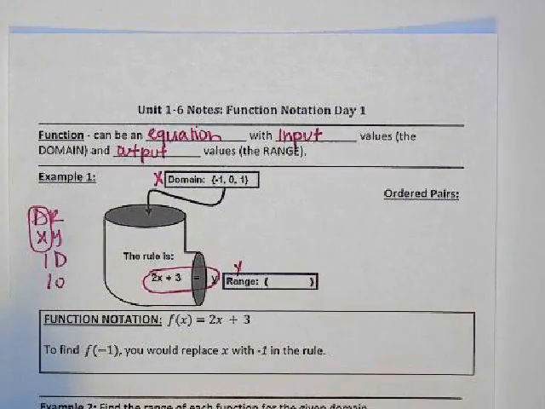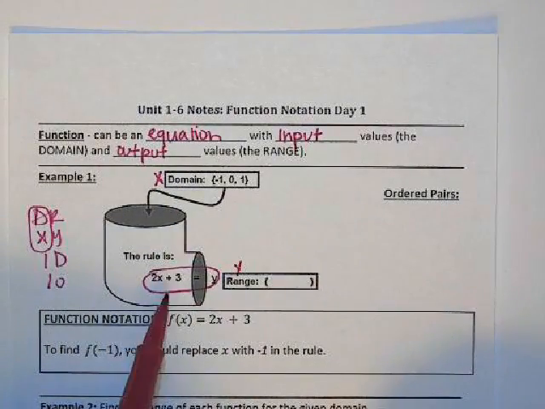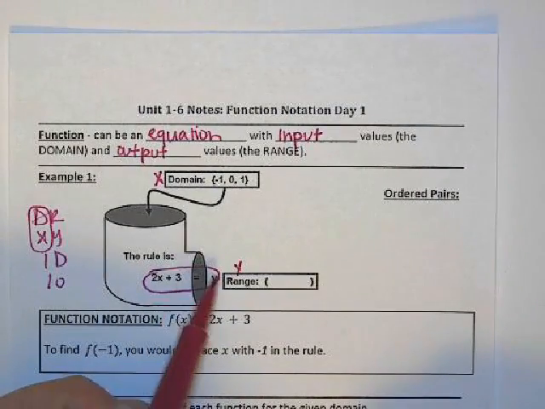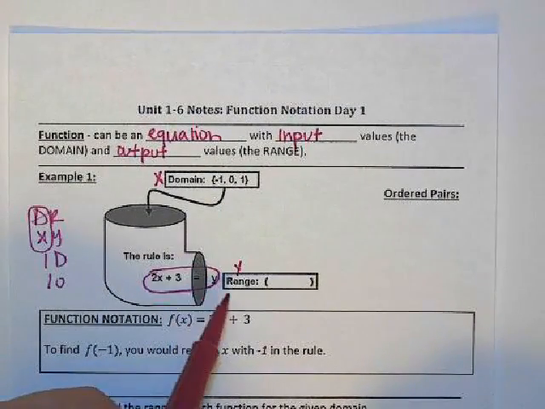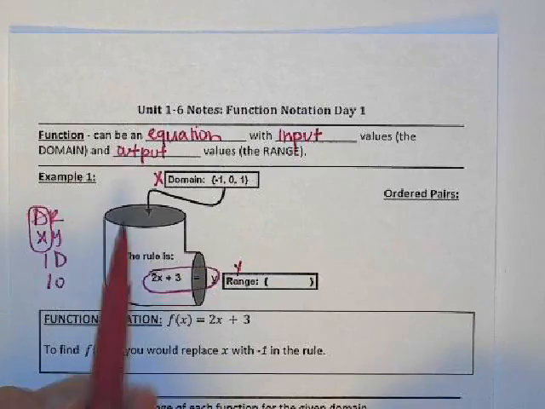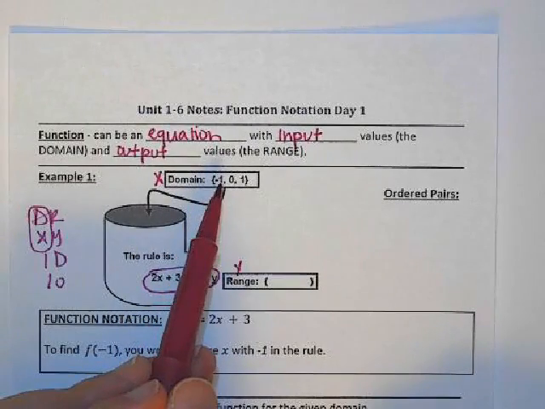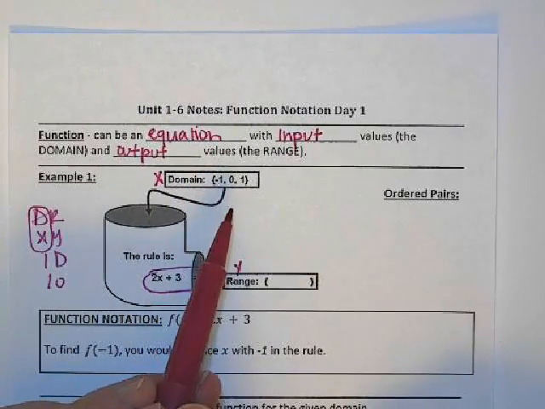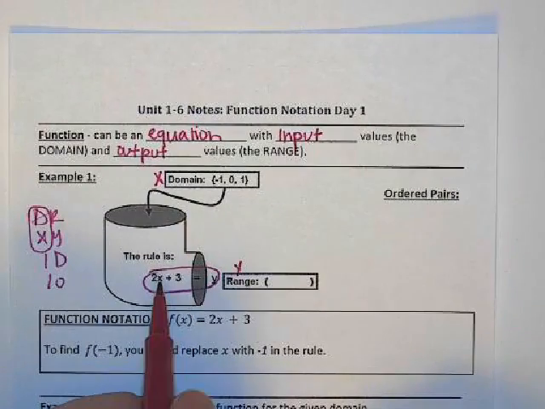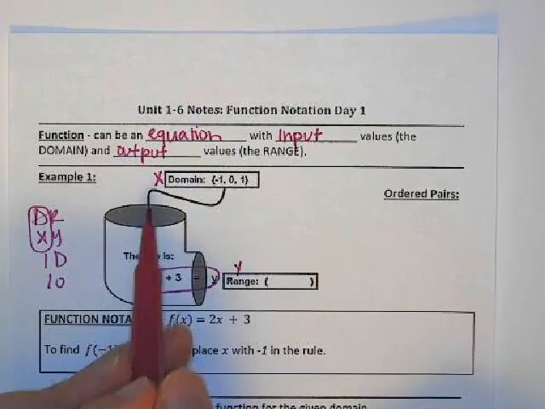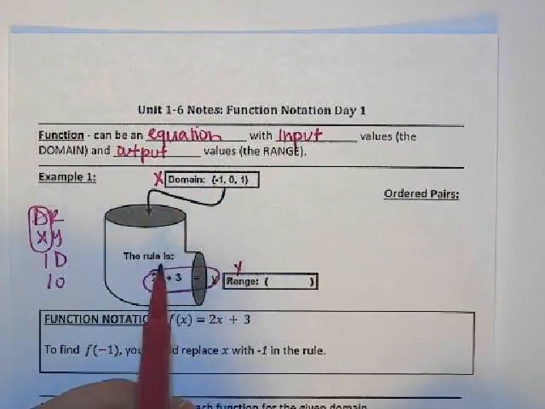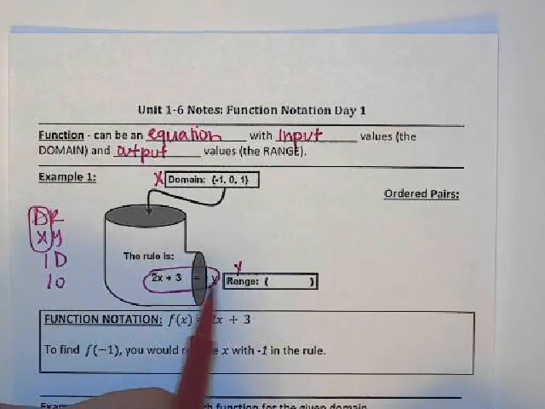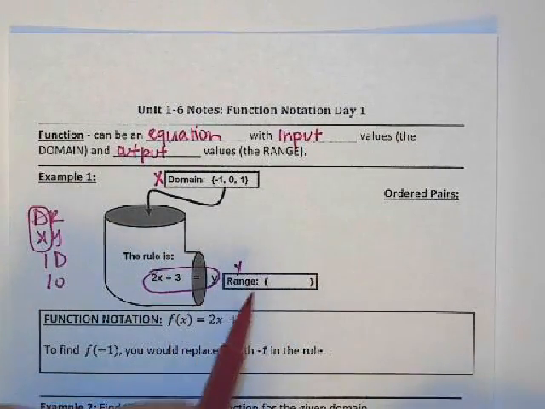Okay, so it's giving your domain, it's giving your range, and it's giving you an equation. In order to be able to find your y's, I got to take these x's and do what with them? Put them in the x spot. It gives me an x number. I'm going to plug it into the x spot, and then I'm going to get my y answer.